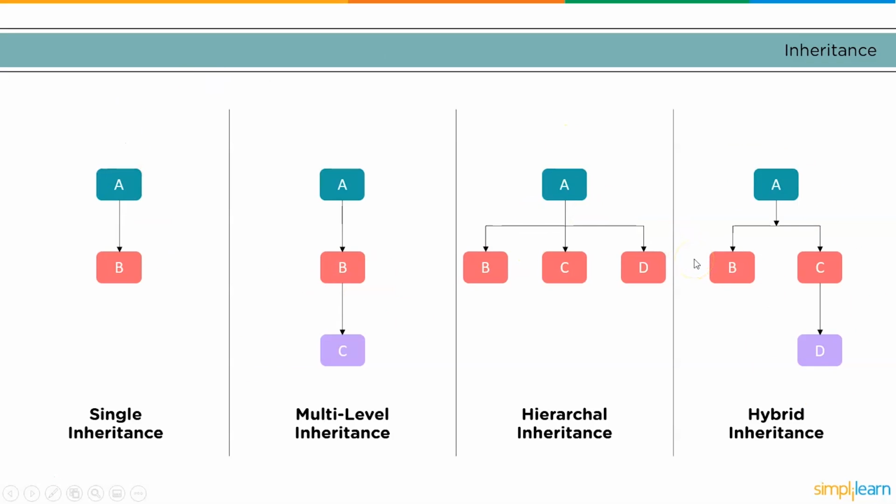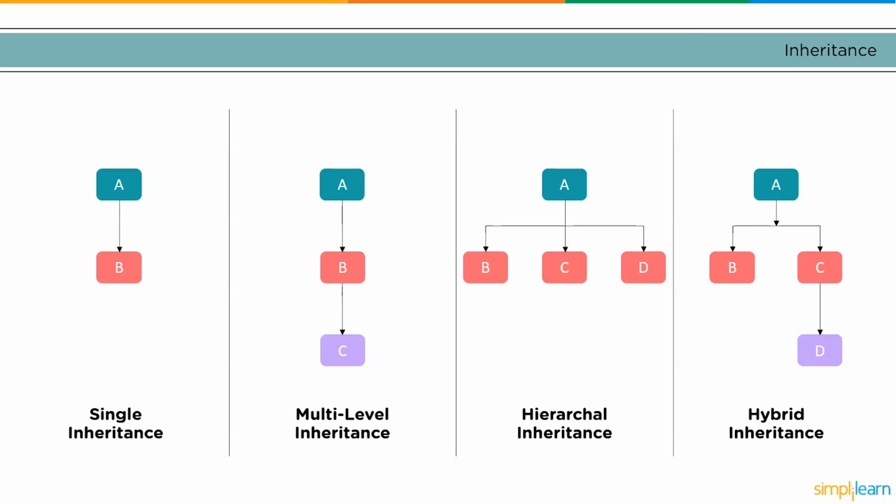Apart from these four, there is another type of inheritance called multiple inheritance. But in Java, when you try to implement multiple inheritance, there is a serious chance of ambiguity. For that reason, Java authors decided not to include multiple inheritance.